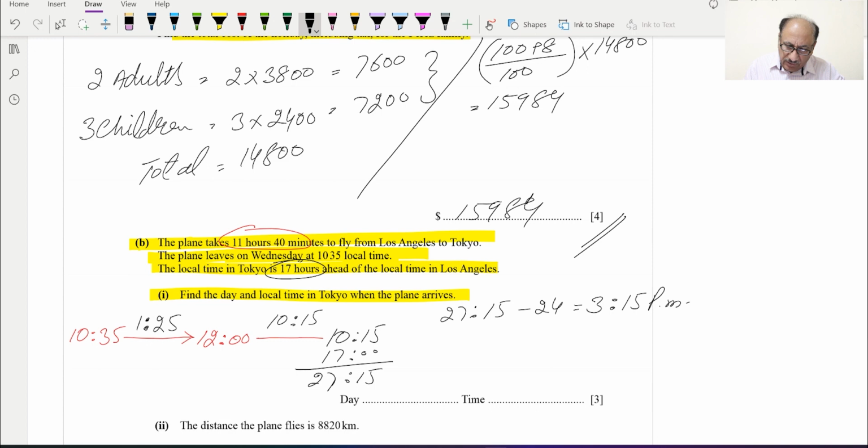So the day will be the next day: it started on Wednesday, so it will be Thursday. We can write here Thursday, and the time will be 3:15 p.m., and this is for 3 marks.